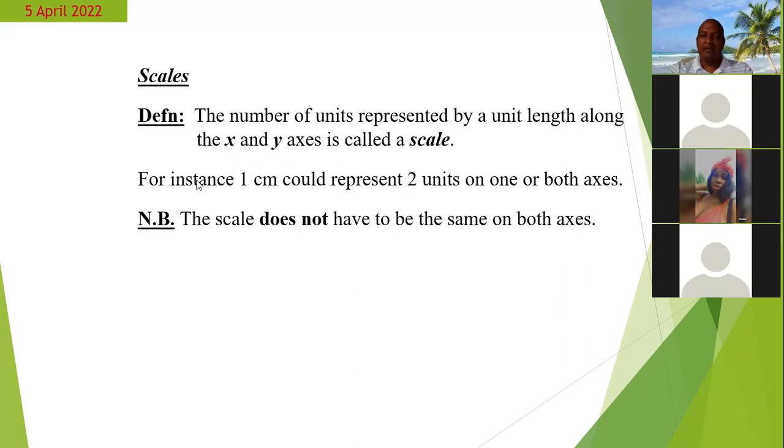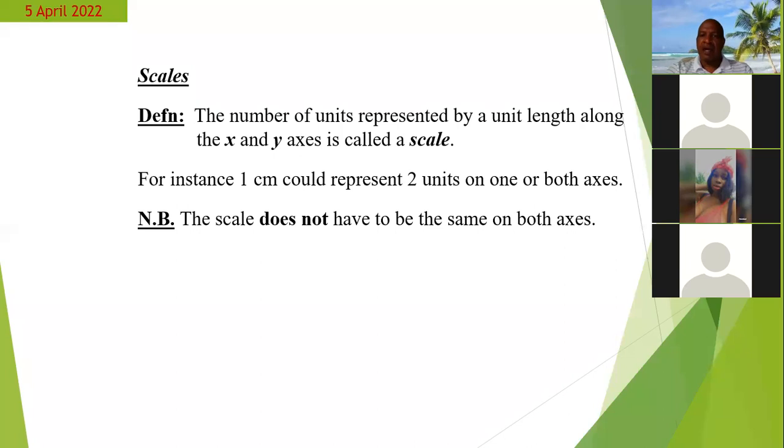So as we are saying, for instance, 1 centimeter could represent 2 units on one axis. It could be represented on the x-axis, or both axes could have the same scale. So it doesn't mean that if you have a scale on the x-axis, you have to have a different scale on the y-axis.